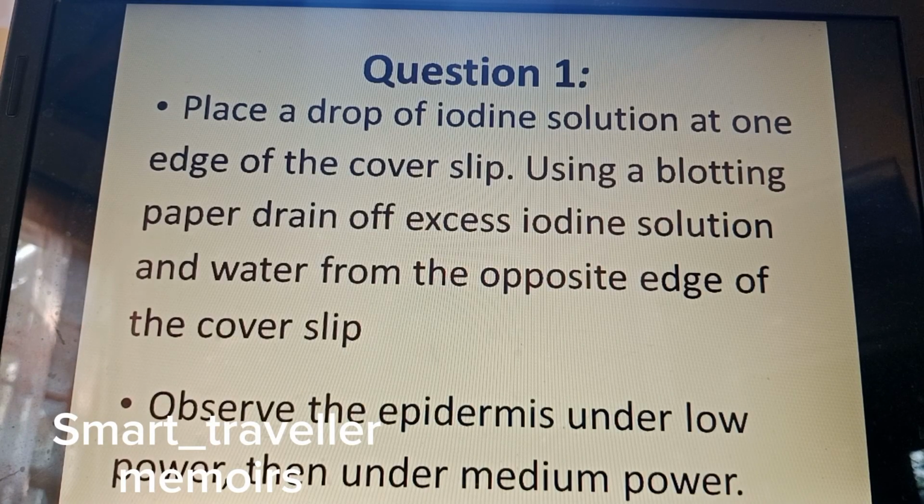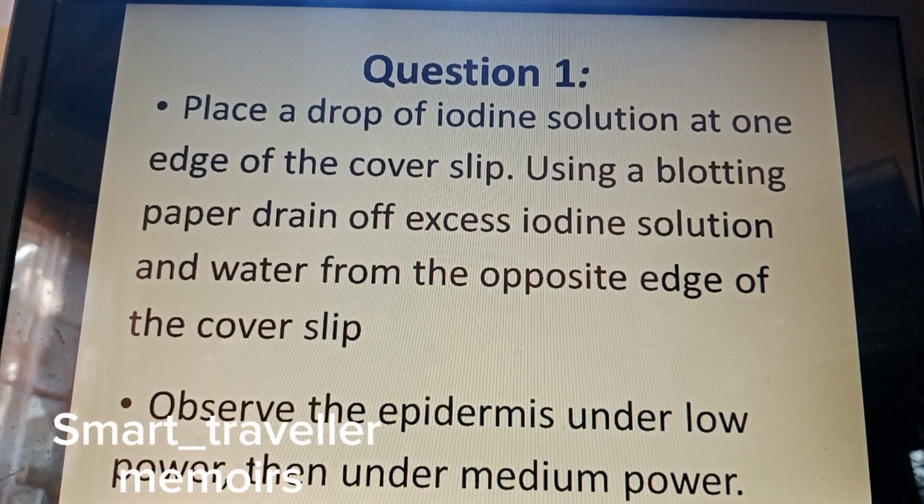Place a drop of iodine solution at one edge of the cover slip. Using a blotting paper, drain off excess iodine solution and water from the opposite edge of the cover slip. And then observe the epidermis under low power, then under medium power of a microscope.